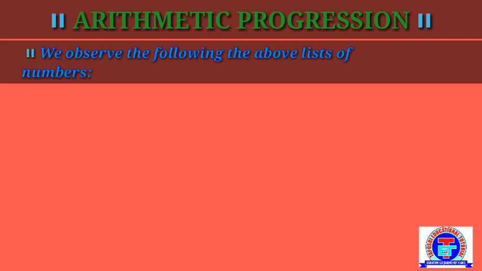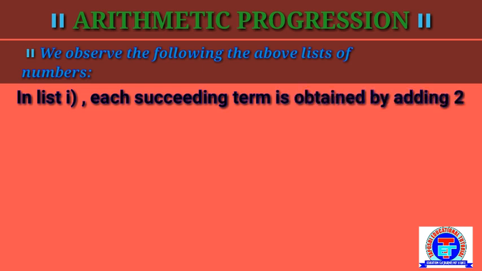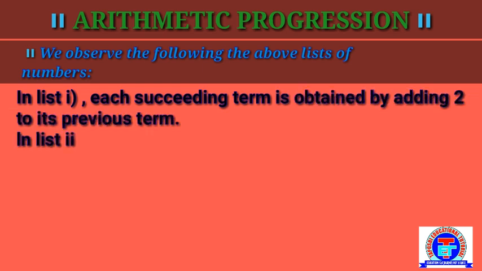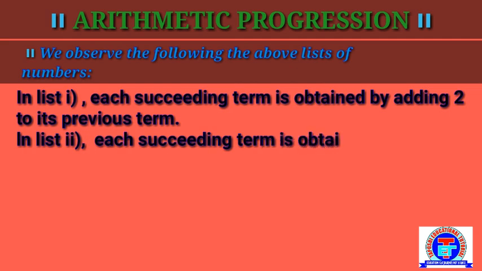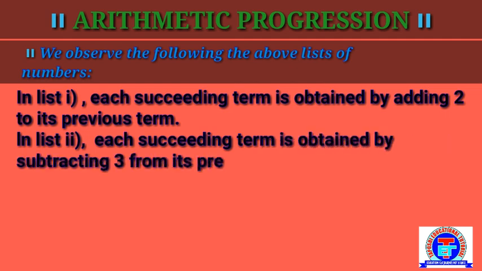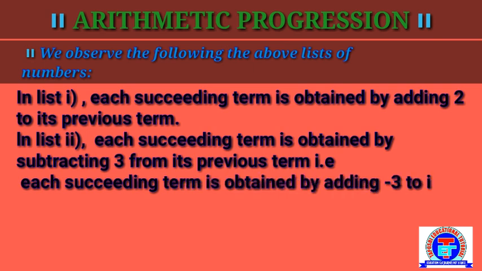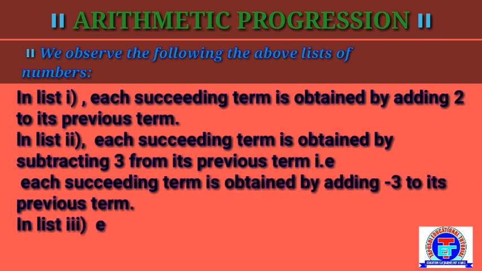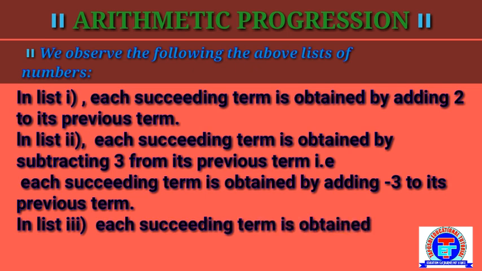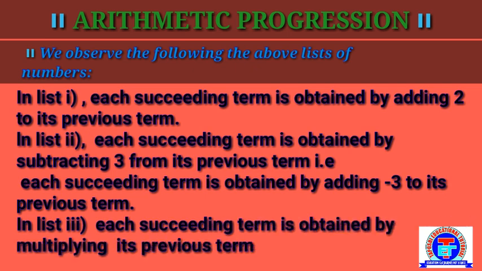In list 1, each succeeding term is obtained by adding 2 to its previous term. In list 2, each succeeding term is obtained by subtracting 3 from its previous term, that is, by adding minus 3 to its previous term.